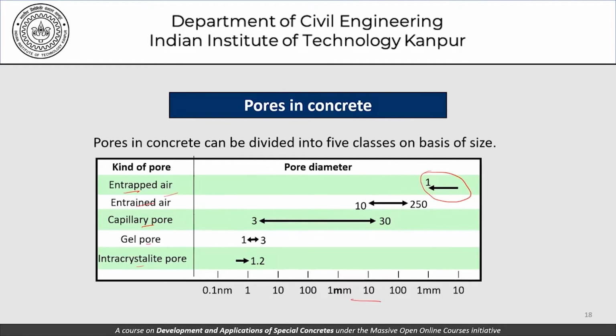It could be anywhere from 1 millimeter upward. I mean, it's a void basically. Entrained air is in this range, capillary pores in this range, gel pores here, intercrystallite pores here, and water can be sitting all over the place except, of course, in entrapped air and entrained air.